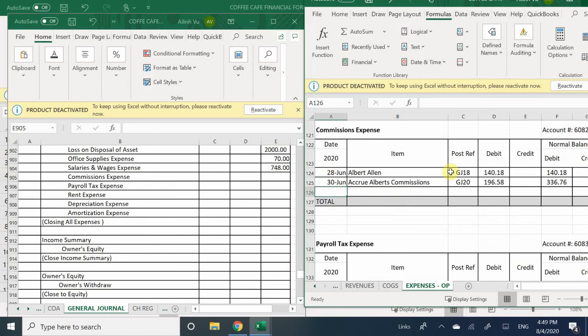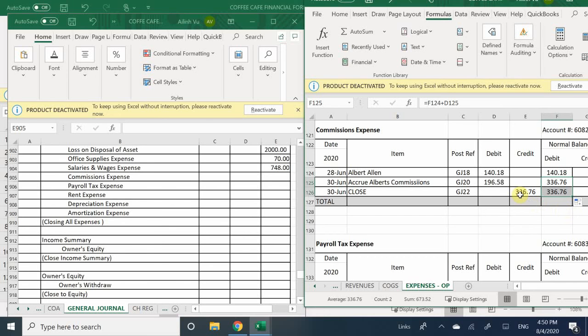Commission expense. So here, going to do commissions expense for a total of $336.76. And we should be able to pull this formula down.